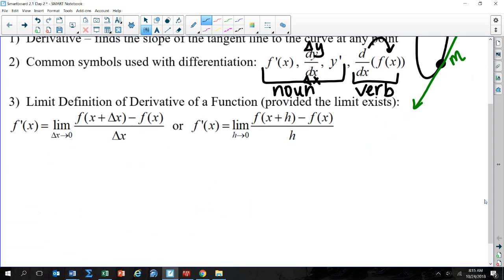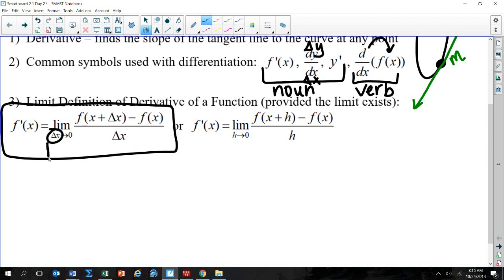The limit definition of a derivative, we previewed this last class. Provided that the limit exists, this is the limit definition that we're going to use to find the instantaneous rate of change. Another way you could write it, if you don't like delta x, some people look at delta x and they're like, oh, I'm not used to seeing that symbol.